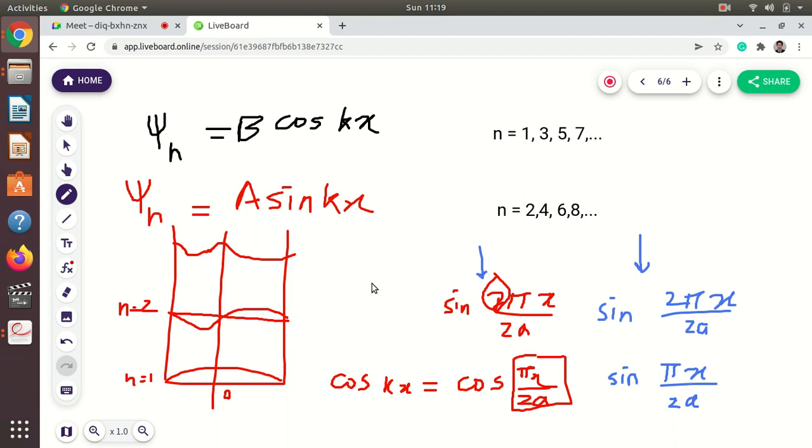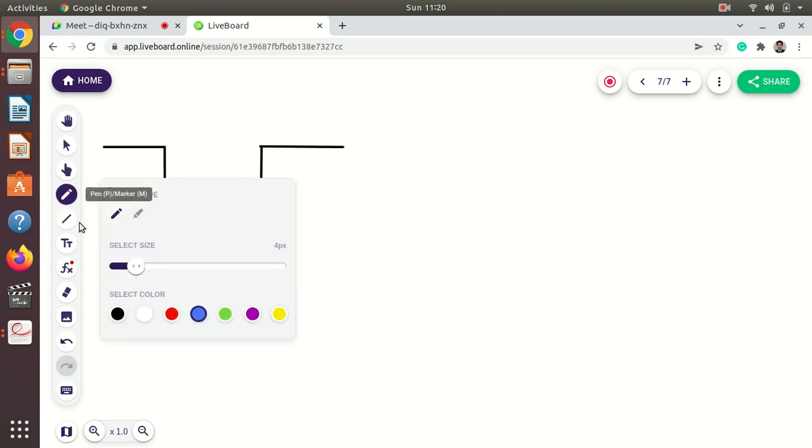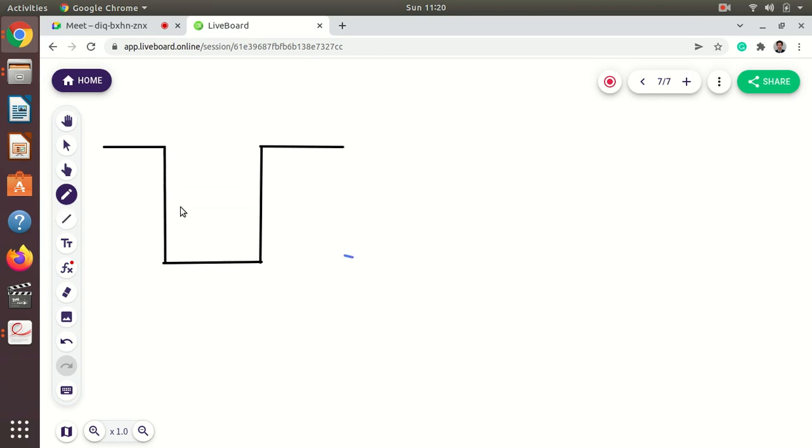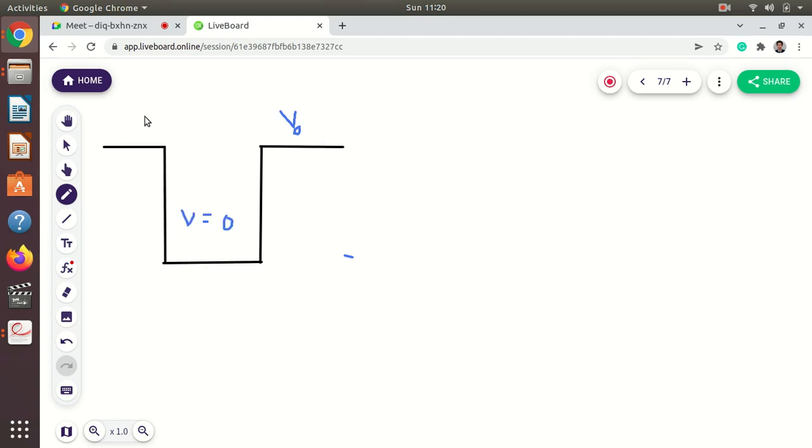We will discuss the finite well. What will happen if the well becomes finite? Here also there are two different approaches. In one way we can say that inside the potential is equal to 0 and outside the potential is, let's say, v naught, some constant value. Or in another approach, outside the potential is 0 and inside it is minus v naught.